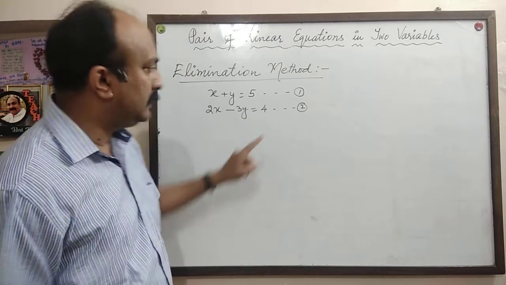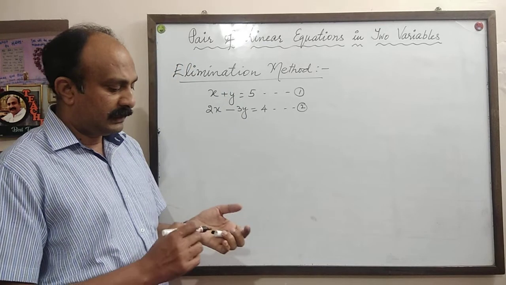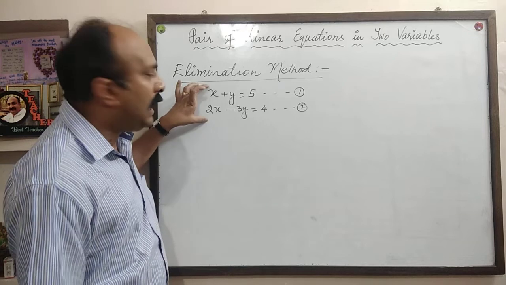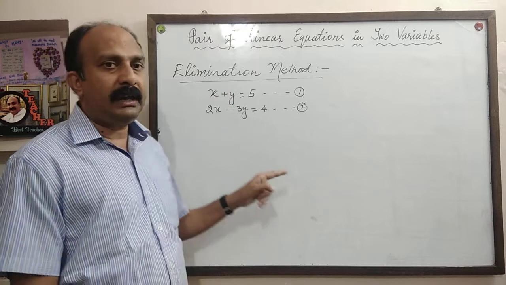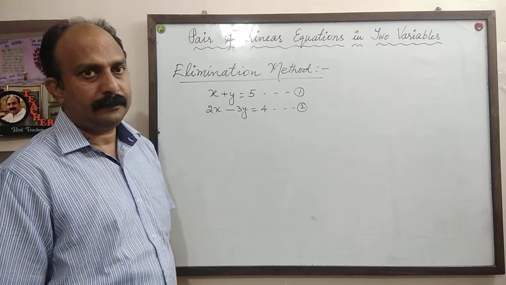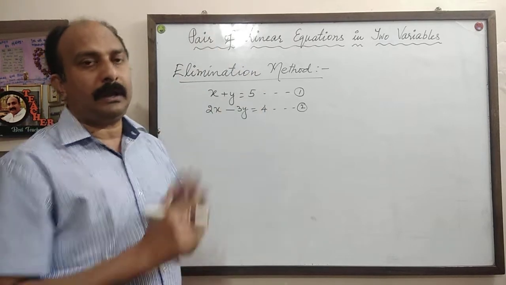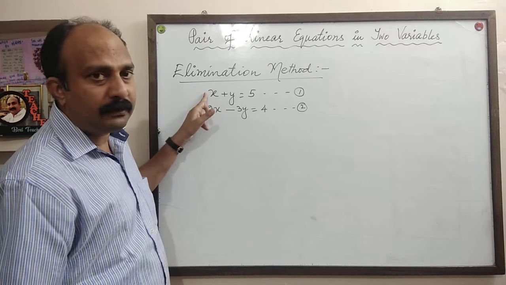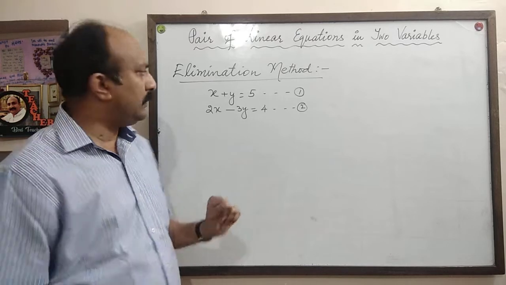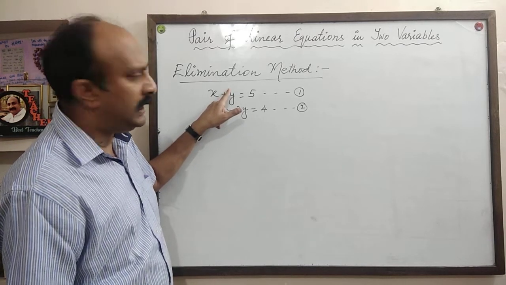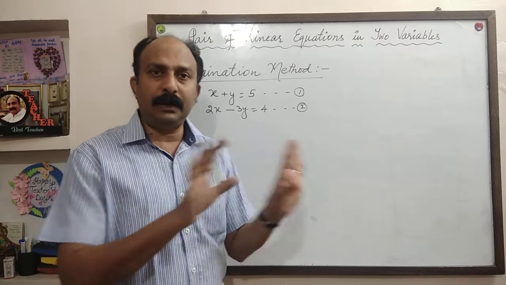In elimination method, for eliminating any one variable from these two equations, the first point is that we have to make the coefficient of x or y equal in both the equations. The coefficient of any one variable is to be made equal. Here the coefficient of x is 1, here the coefficient is 2, so the x coefficients are not equal. Similarly, the y coefficient is 1 here and minus 3 here. So both x and y coefficients in both the equations are not equal.